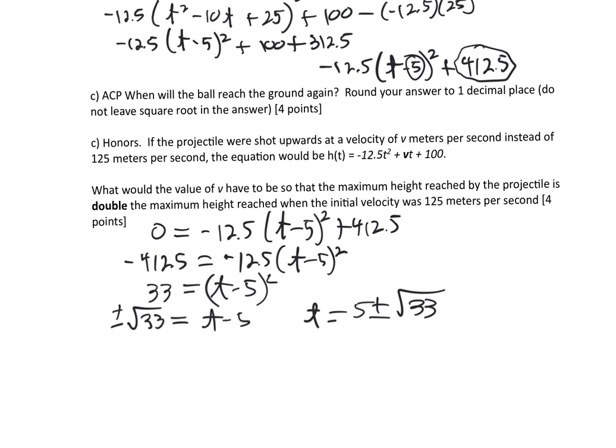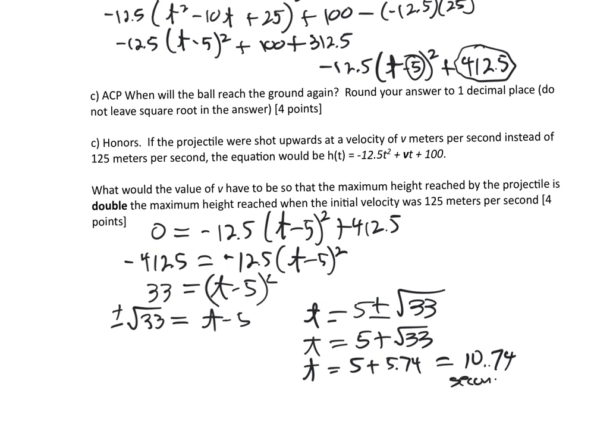We're going to rule out the negative because it won't make sense in this context. So t is equal to 5 plus root 33, which is 5 plus approximately 5.74. So it's going to take 10.74 seconds to hit the ground again.